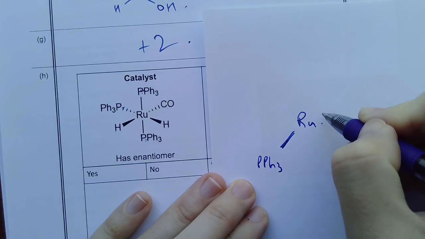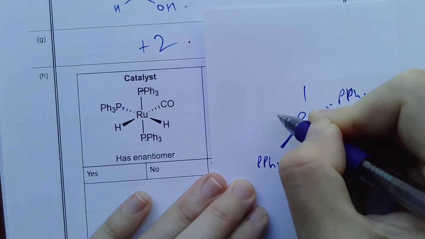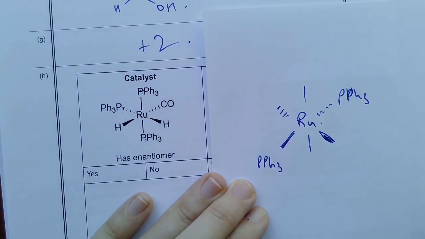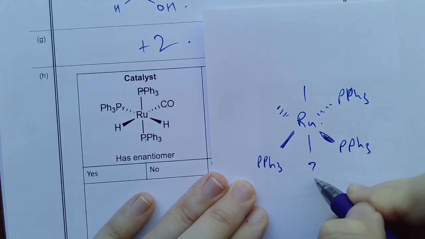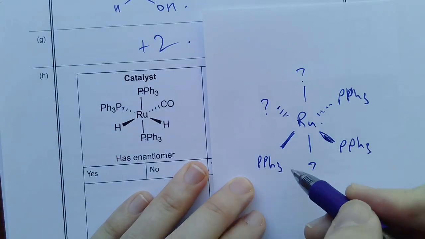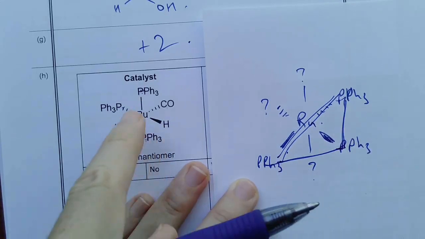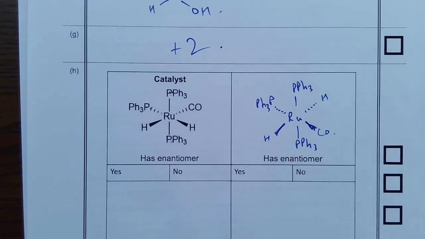What if I had, you know, you start getting into this kind of situation and thinking, oh, what can I do here? If I put the PPh3s here, and then can I put this one here? And then what happens over here? And it gets really complicated. But you don't need to, because if you've got these 3 all in the same plane, then it's the same as this. Don't get yourself confused.